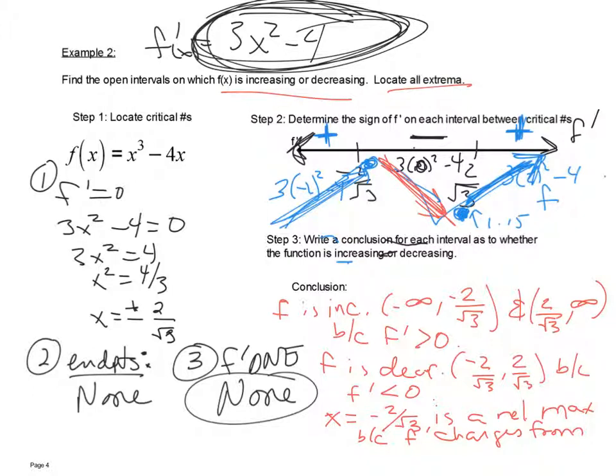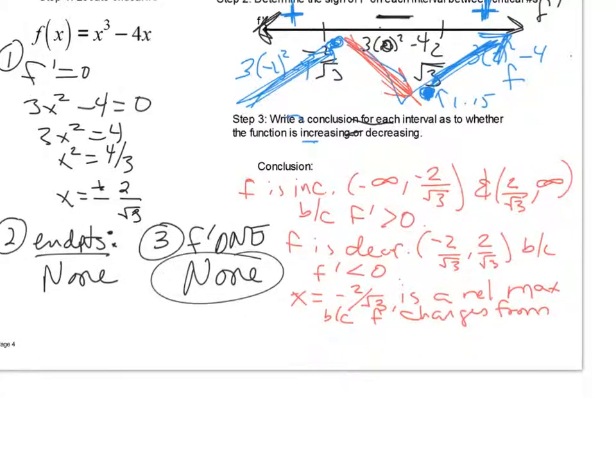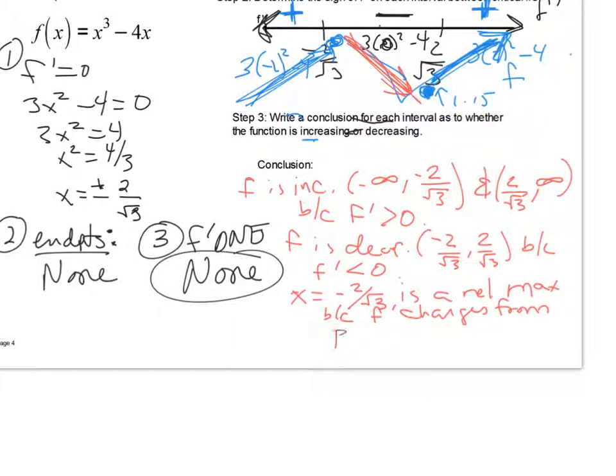Or f changes from increasing to decreasing, that would also be acceptable. So there's more than one right answer there. So f prime switches from positive to negative. But like I said, you could also say because f changes from increasing to decreasing.